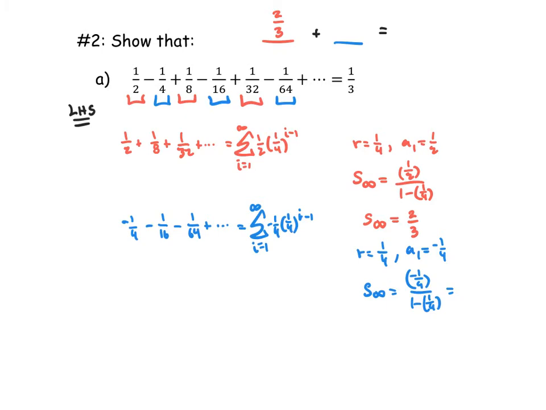I believe that comes out to be -1/4 over 3/4, which comes out to be -1/3. So if I take 2/3 and add -1/3, look at that. I've shown, working the left side, that the summation of the red series and the blue series, which combine to make an alternating series, ends up equaling 1/3.